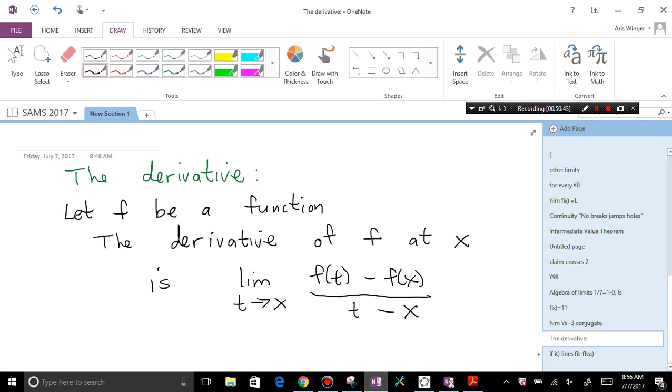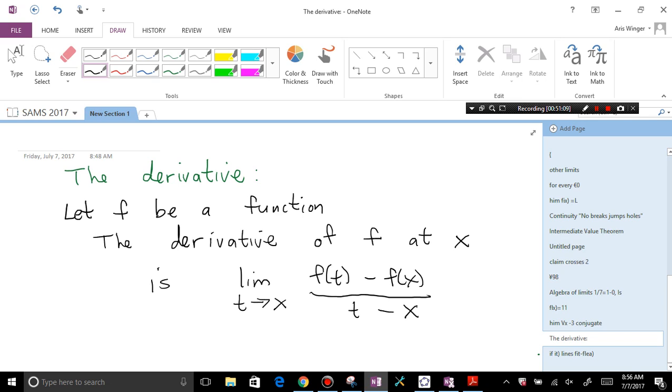Oh, I feel it already. Some people are like, wait, that's not what I was told before in my class. They use h's and all that other stuff. Oh, yes, I see. I'm a mind reader. Of course, I have to reconcile my definition with the definition you may have seen earlier, and I'm going to use them interchangeably. If I want to show that the derivative of sine is cosine, I'm going to use some h's.